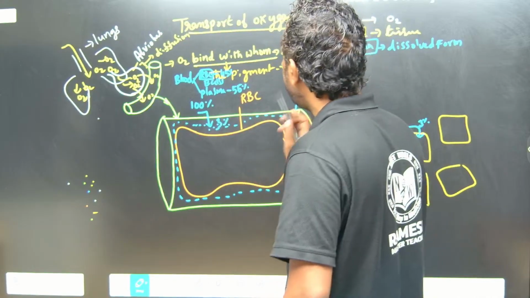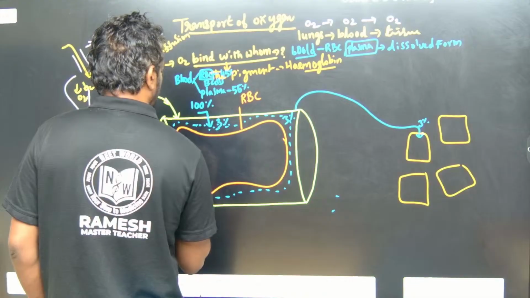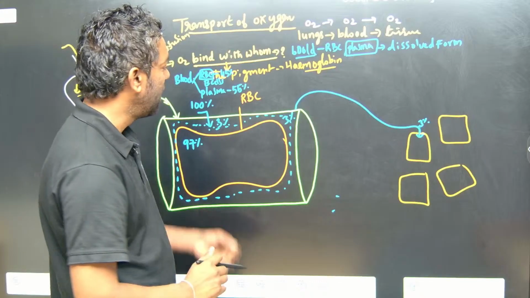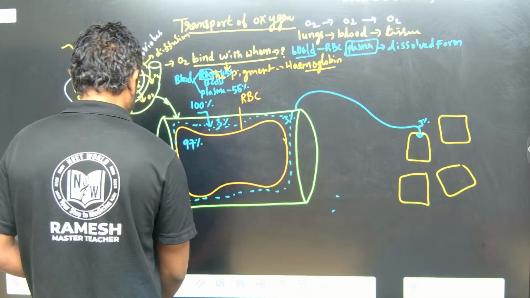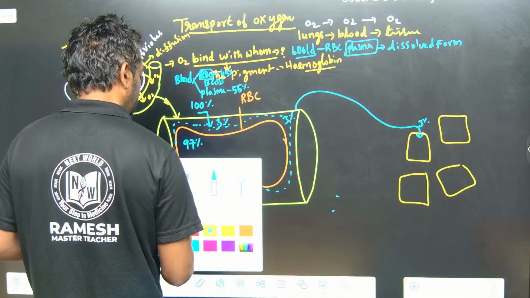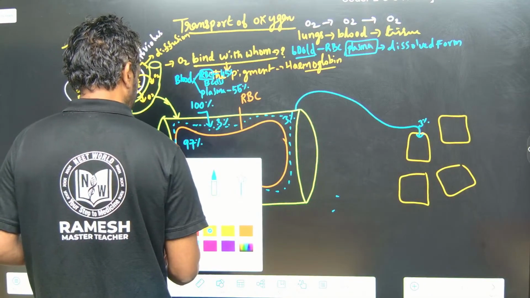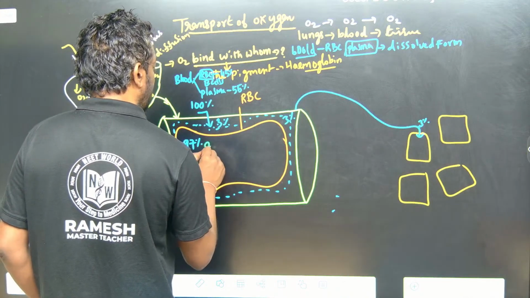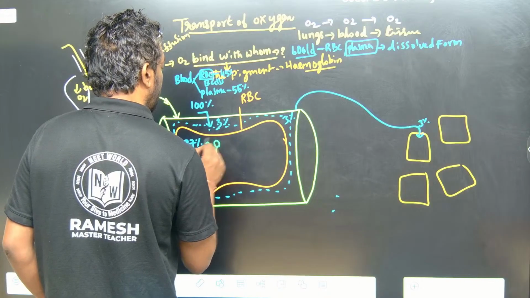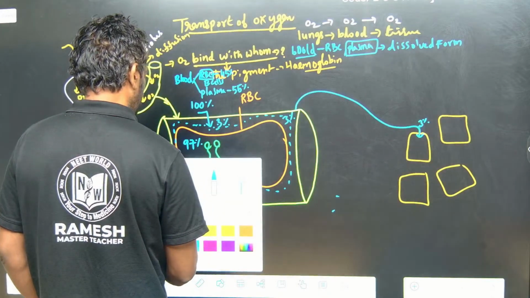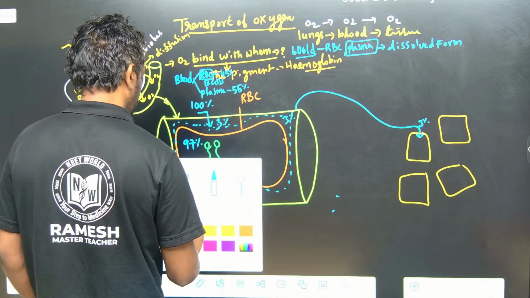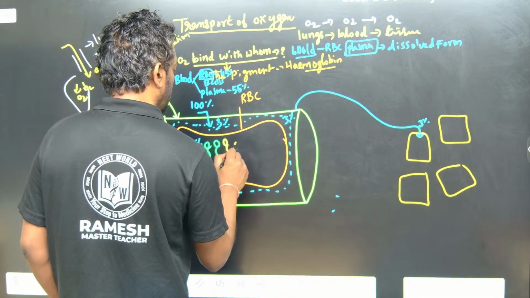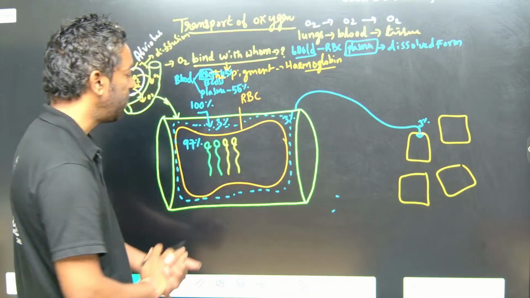97% is carried through the RBC. How is it carried in the RBC? There is a pigment called hemoglobin. Heme plus globin chain is called hemoglobin.